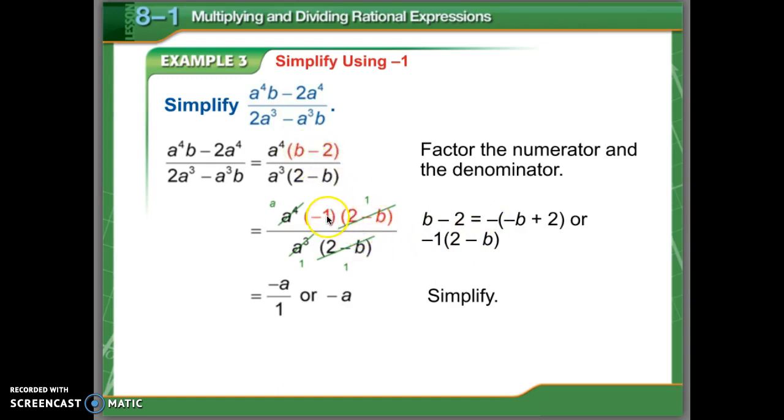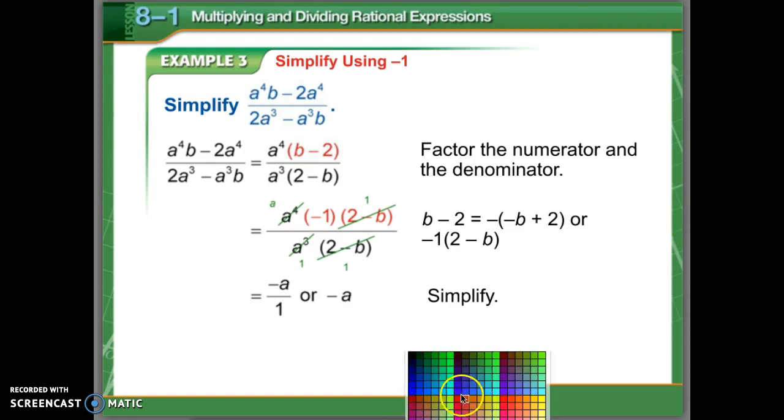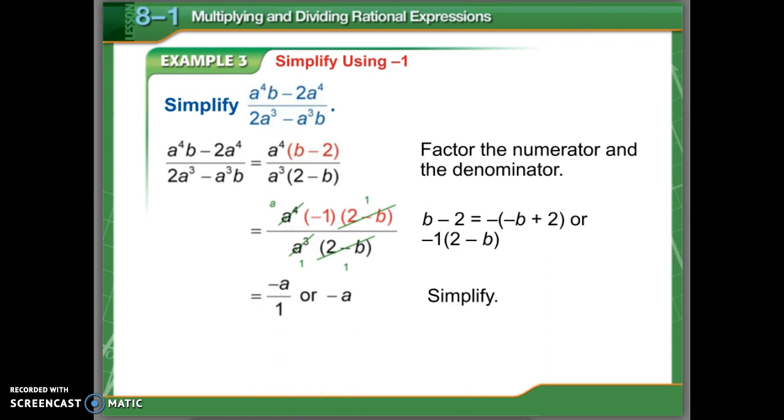So basically, if I add in a -1 here and flip it around, this expression right here in red, let me circle it in red, this expression right here is equivalent to this expression right here, which is why they've replaced it. And when they replace it, they want you to recognize that there is now a 2 minus b on the top and the bottom, which you can cancel out.